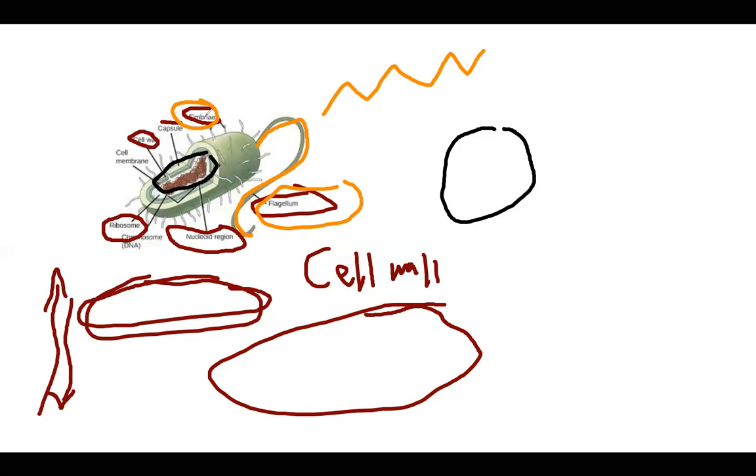And then the fimbriae are these little things sticking out of the prokaryotic cell, made out of protein, because that's what cells are mainly made of, like their organs and organelles and everything. And these help in infecting.